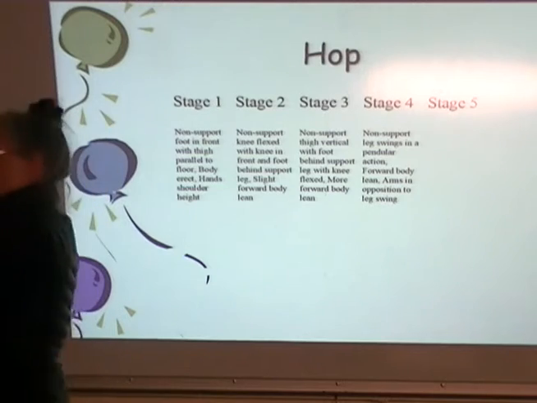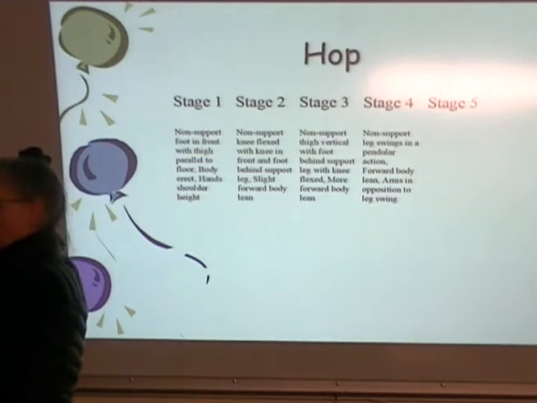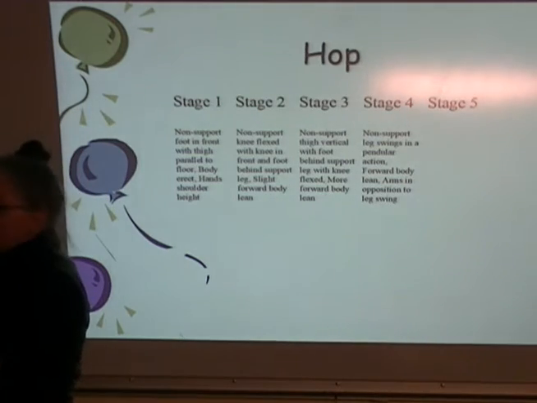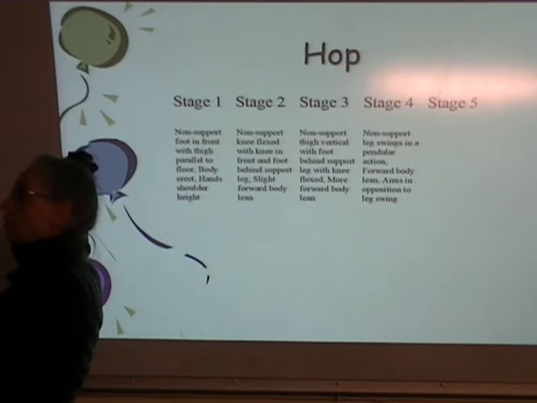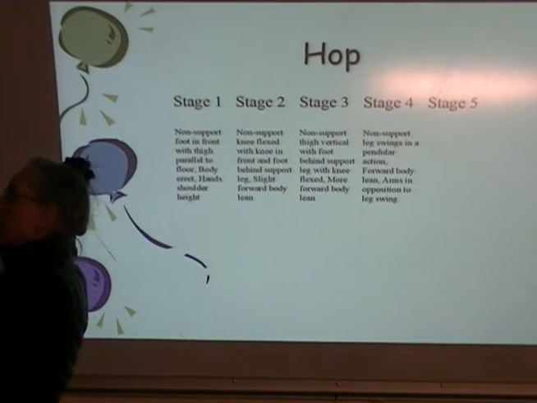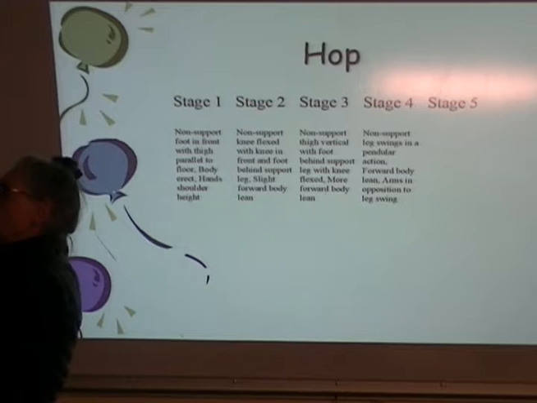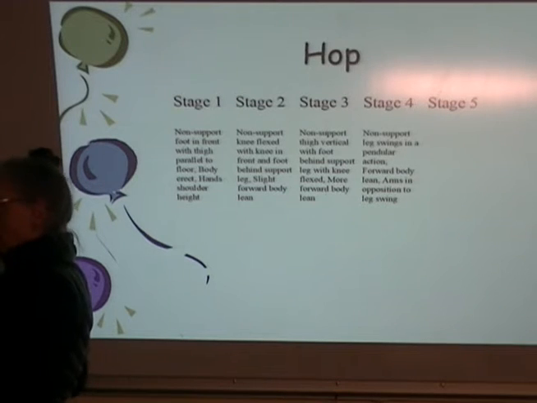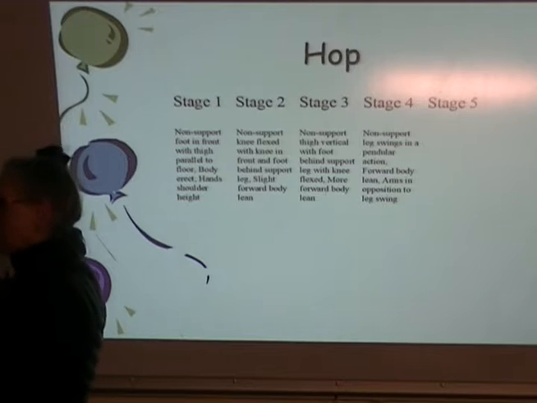Like a bunny. But that's not hopping, that's jumping, okay? So you've got to be a little bit careful that you use the correct terms for the correct skills. Hopping means I take off one foot and I land on the same foot, all right?